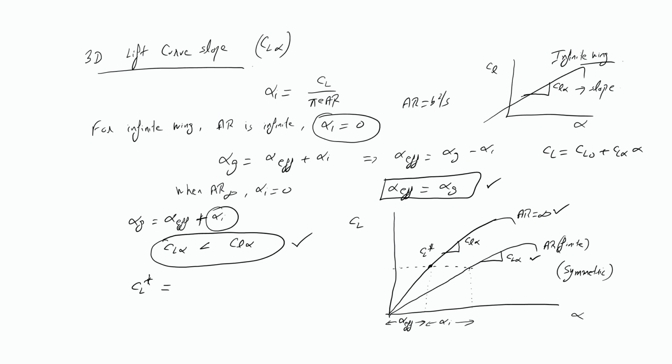So here the Cl curve is starting from 0 at alpha equals 0. So there is no intercept. So Cl naught is 0. So Cl equals Cl alpha into alpha. Okay. So if I have considered Cl star over here, Cl star will be Cl alpha into alpha. Now what is alpha here? Alpha effective. Okay, this is alpha effective. This is for Cl star. For this Cl star, we need to have this much angle of attack. Cl star equals Cl alpha into alpha effective. This is equation number 1.